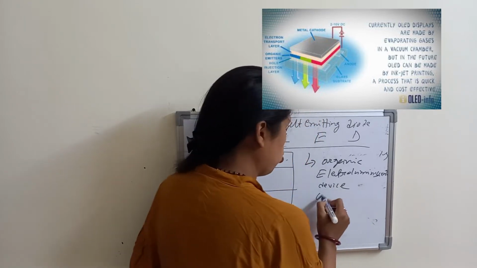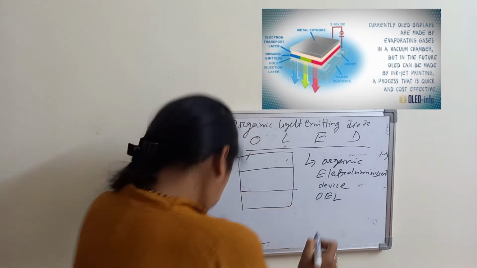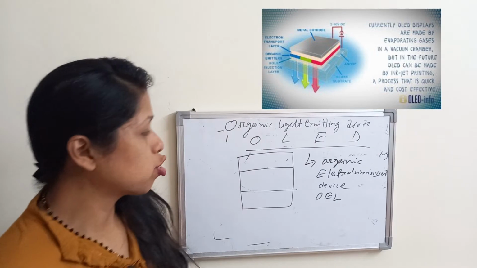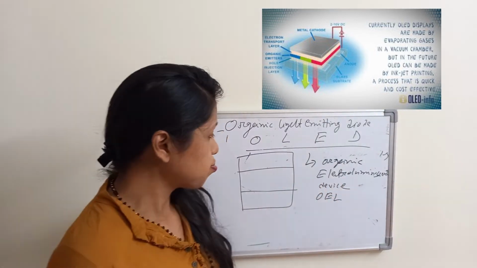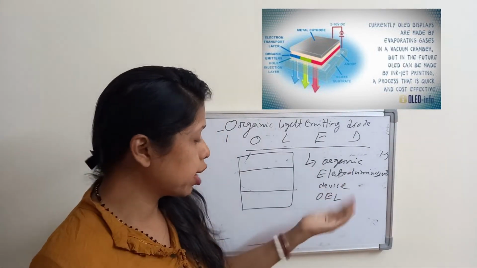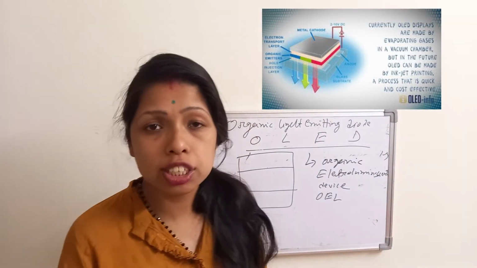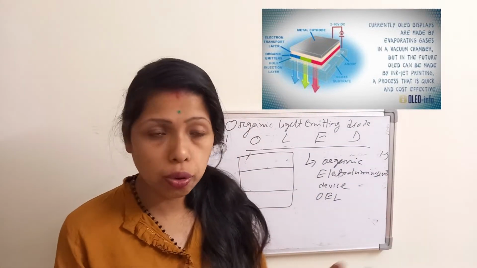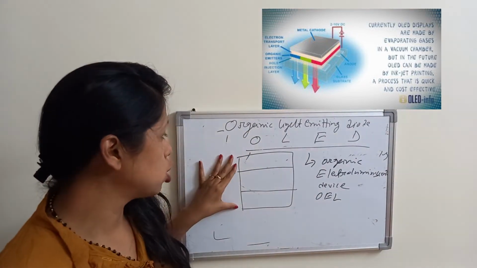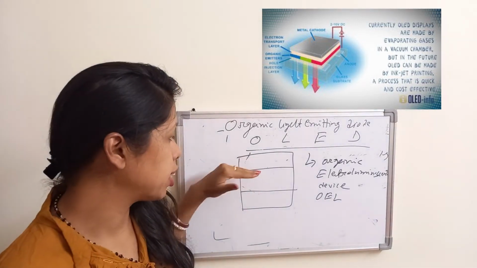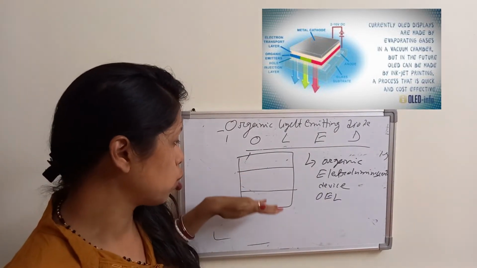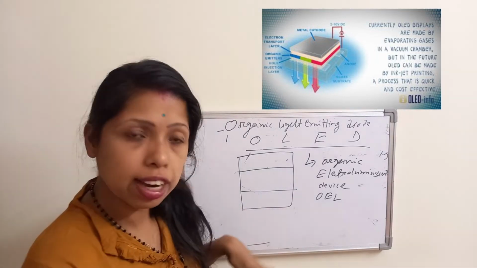So organic electroluminescence devices consist of organic layers. Now suppose you consider three vertical layers deposited on top of each other.